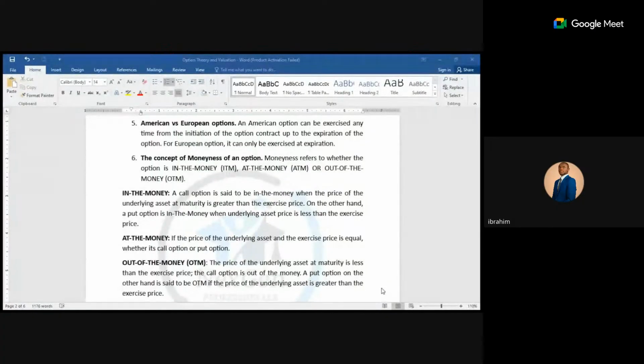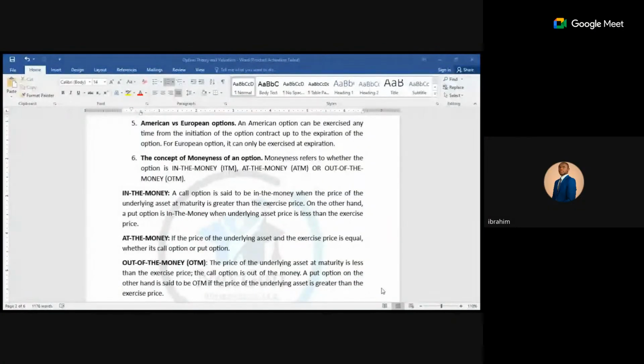While with the European option, if we enter into an option contract today and you say you want to buy these shares at the end of December, and you've already stated it in the contract agreement, 31st December 2025, you can't exercise any rights until the date of maturity.